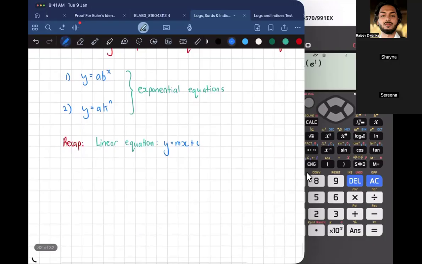Let's look at an example. Shayna, I can already tell you how this is going to go. Exponential equations have powers. We want to get rid of the power to make it look like this. So obviously, what I have to apply on both sides to get the power to the side is logs.